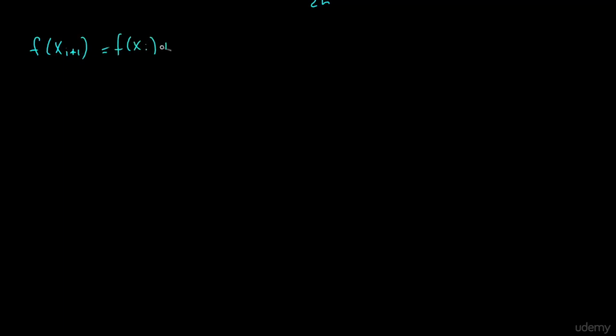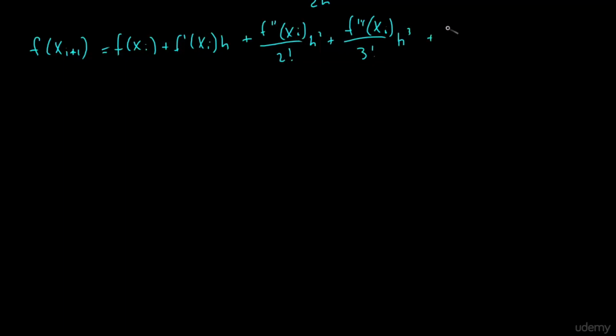So that's f of xi plus the first derivative of xi times h plus the second derivative of xi divided by 2 factorial h squared plus the third derivative of xi divided by 3 factorial h cubed plus the fourth derivative f4 of xi1 divided by 4 factorial of h to the 4, and we'll have a similar formula for xi minus 1.